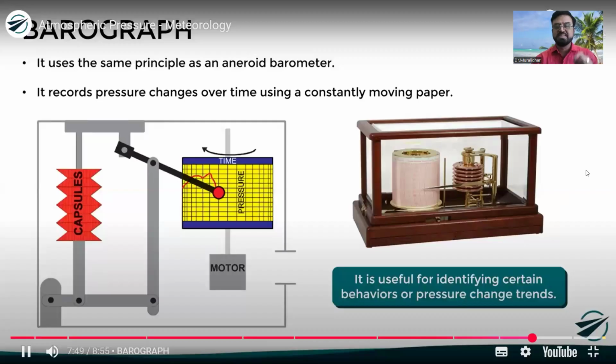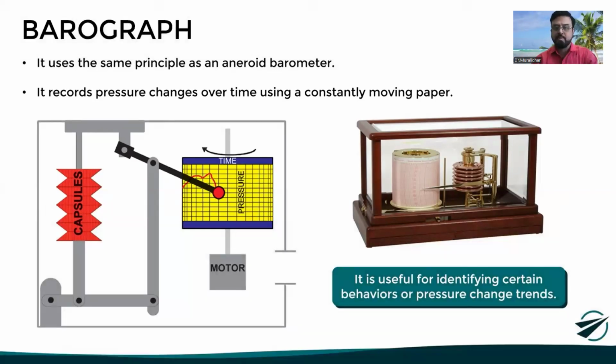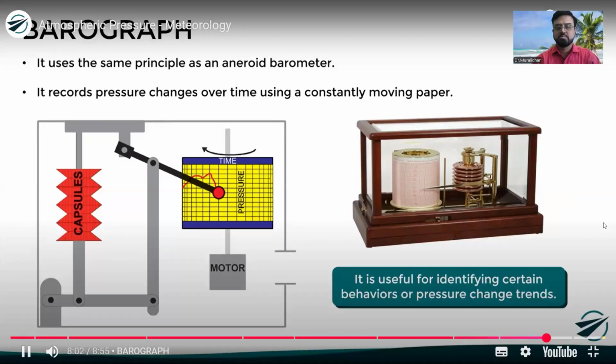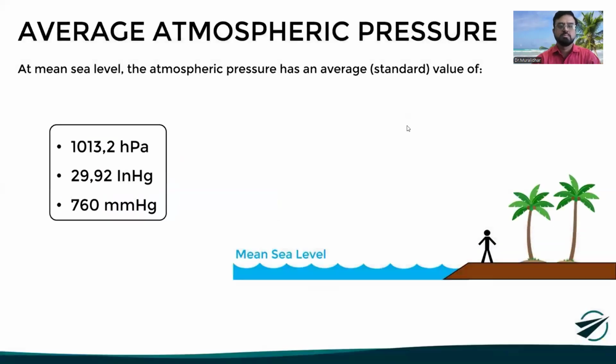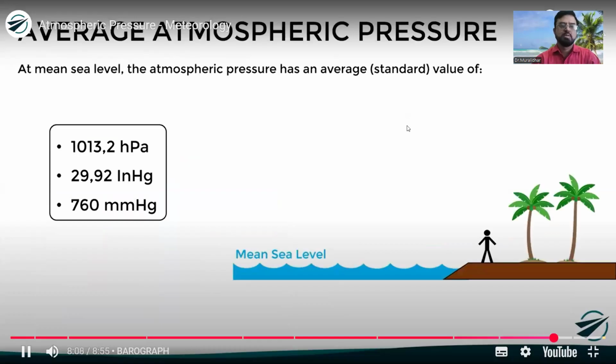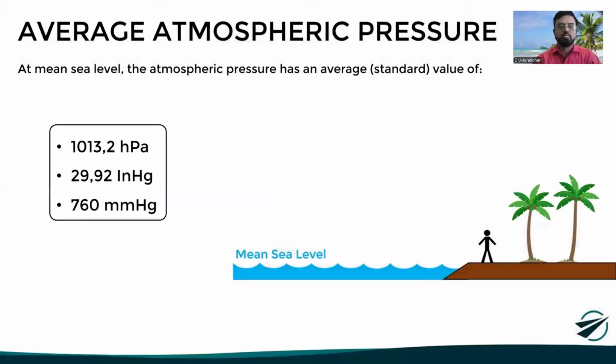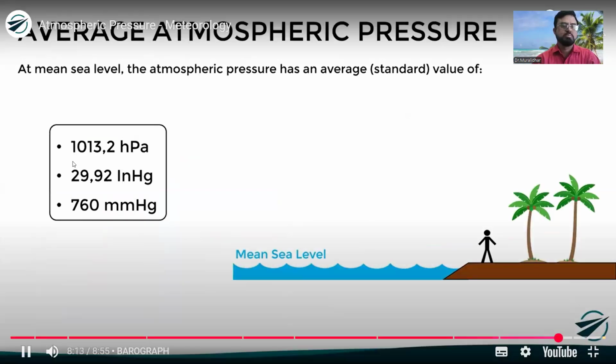We must emphasize that atmospheric pressure plays a major role in the development of atmospheric conditions, and it is therefore important to know how to read and interpret changes in pressure using the barometer and the barograph. Now, in general, we can say that at sea level, atmospheric pressure has an average standard value of 1013 hectopascals, 29.92 inches of mercury, or 760 millimeters of mercury. These are the conversions, whether hectopascal, inch of mercury, or mm of Hg.